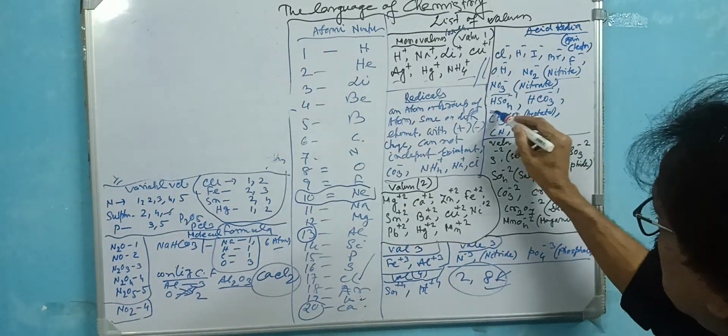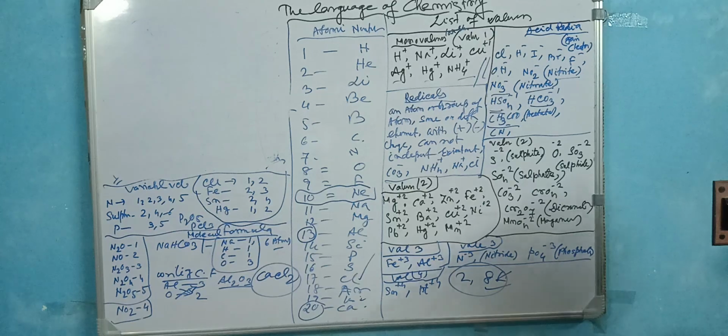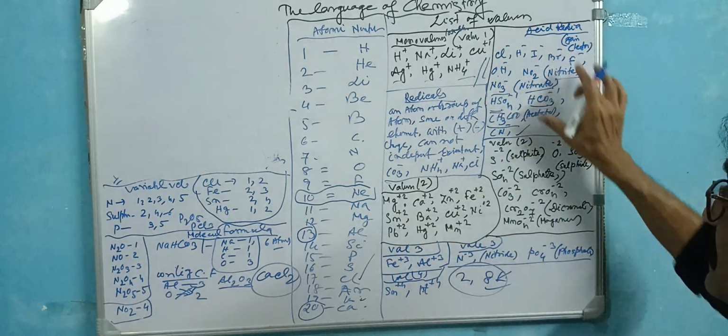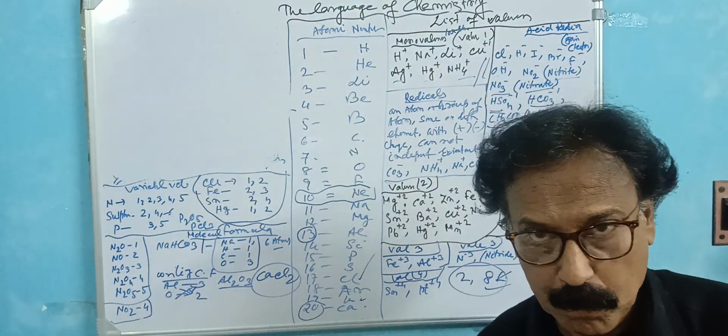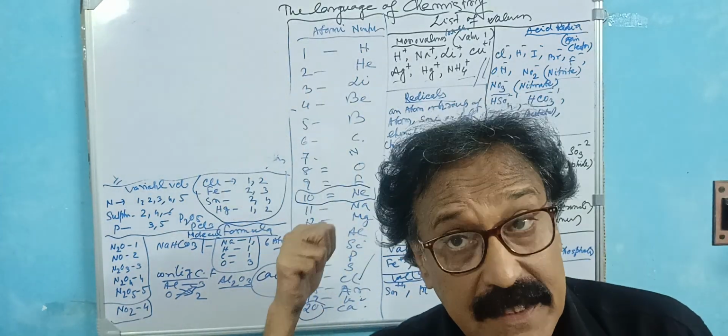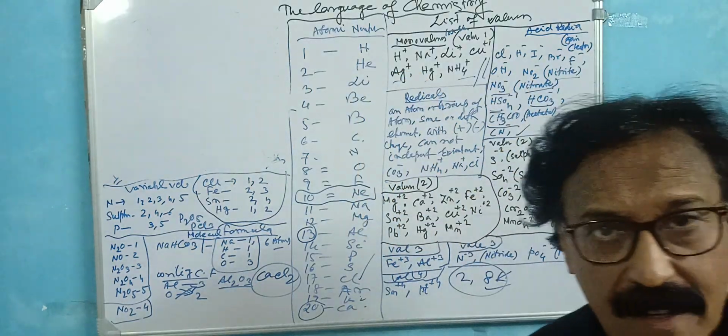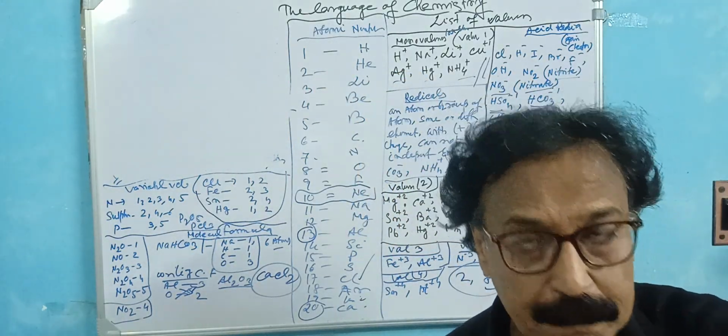Okay, so this is the bisulfate, this is the bicarbonate, CH3COO, this is the acetate, and cyanide, CN, these are all 1 valency. These are always minus, meaning accept electron. This is the cation, this is the anion. Okay, it's clear. 1 valency for that.